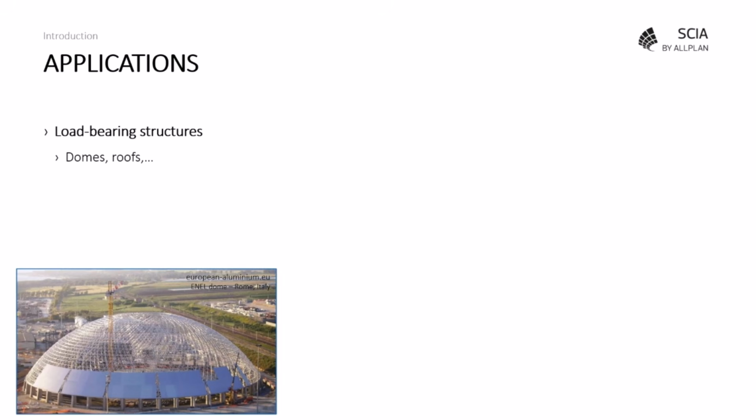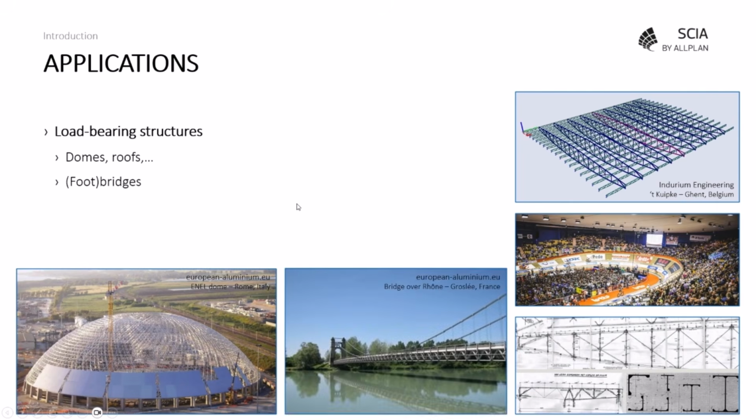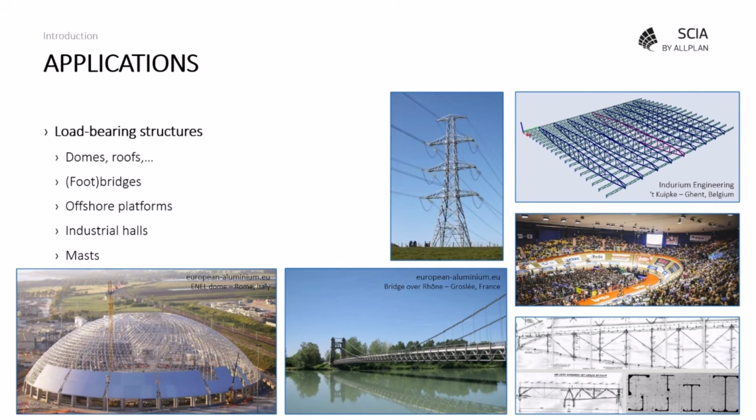In Belgium, aluminium was already used in 1964 to create a span of 67 meters for the roof of the Velodrome Kuipke in Ghent, as you can see here on the right side. Other fields are corrosive or humid environments, such as bridges or offshore platforms, industrial hulls, masts, helicopter decks, and many more.